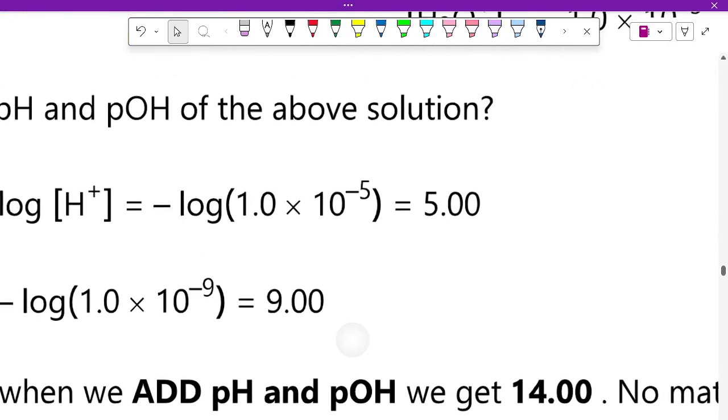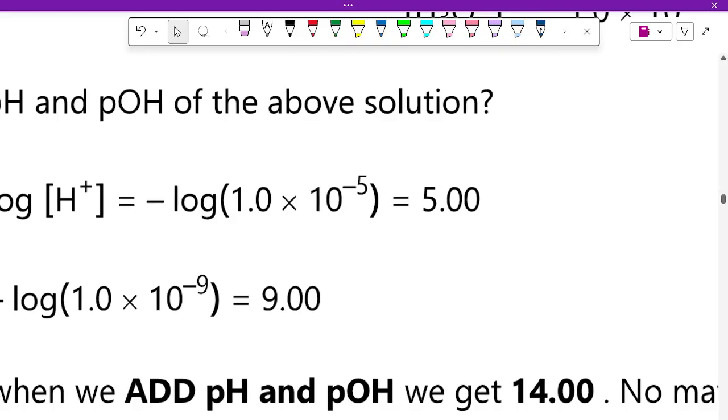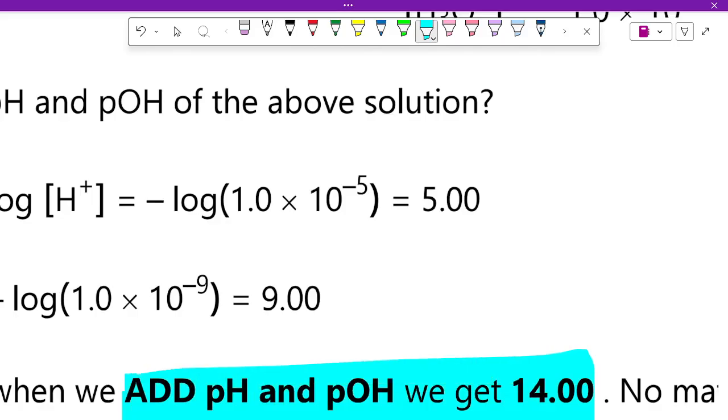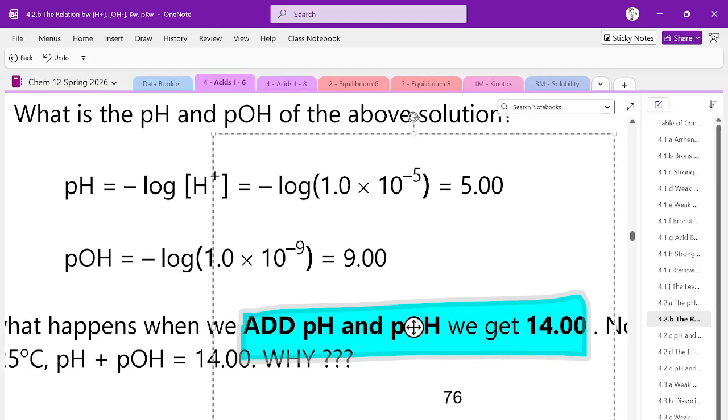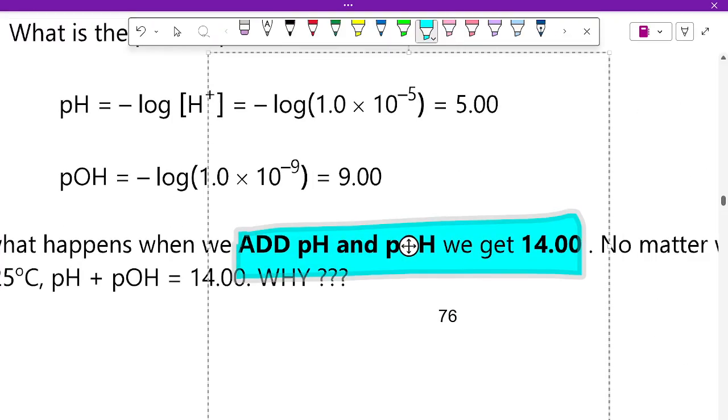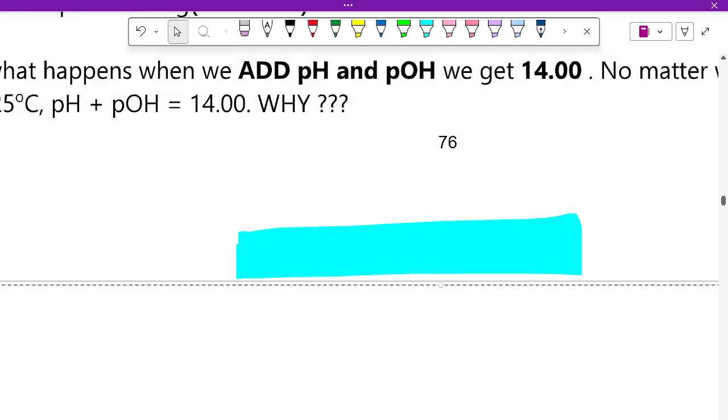What do we get if we add those two together? 14. If we add pH and pOH together, we get 14. Why? Because pH plus pOH equals 14. That's the law. Okay, but we're going to do a little math.